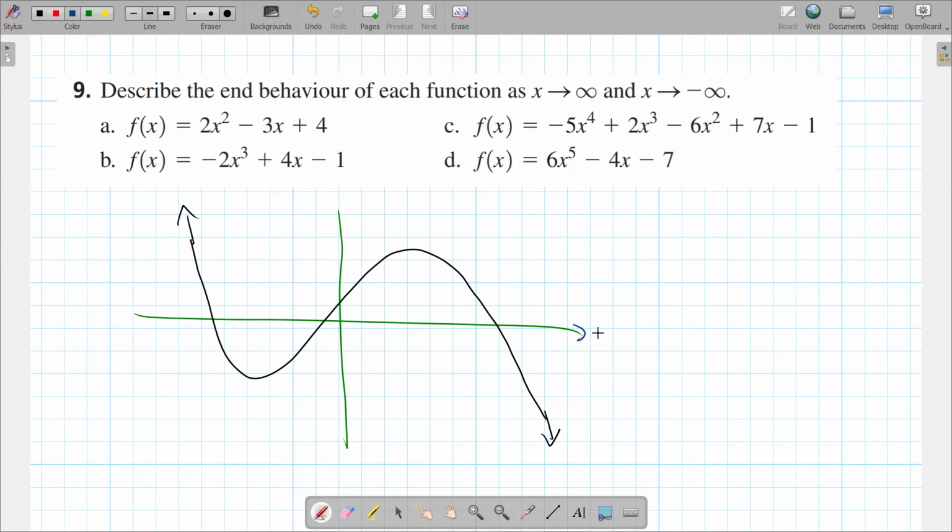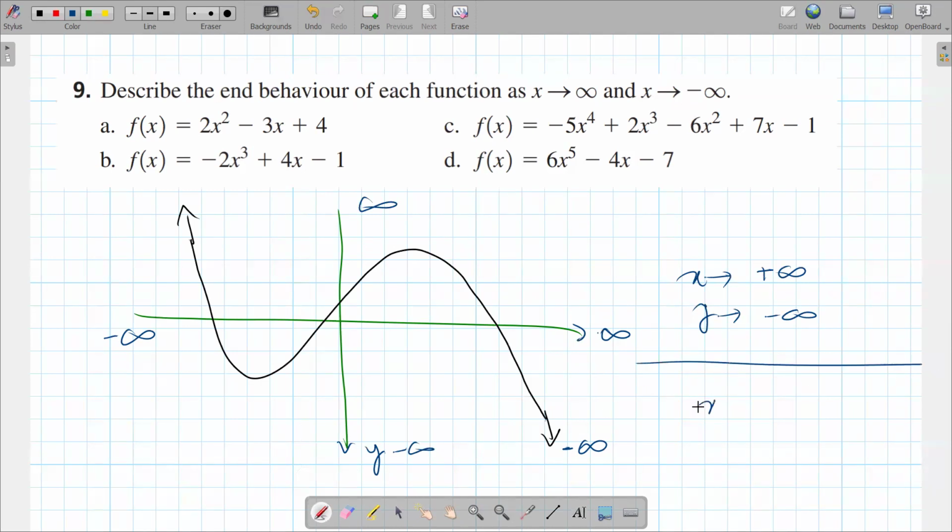So when x is going to positive infinity, where's y going? Negative infinity, because there's negative infinity down here, positive infinity up here. And when x is going to negative infinity, y would be going to positive infinity, right?